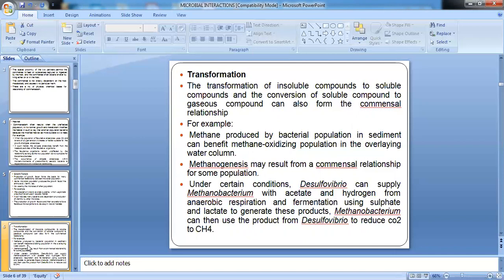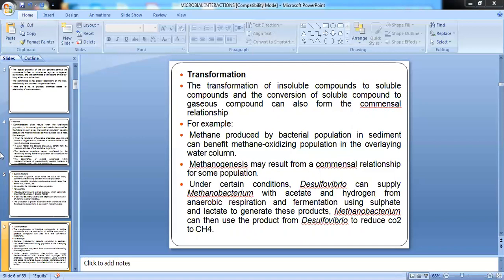The example quoted over here is of Desulfovibrio and Methanobacterium. Desulfovibrio can supply Methanobacterium with acetate and hydrogen. This acetate and hydrogen comes from the anaerobic respiration and fermentation when Desulfovibrio uses sulfate and lactate. So Desulfovibrio will use sulfate and lactate in anaerobic respiration. Its byproduct will be acetate and hydrogen.